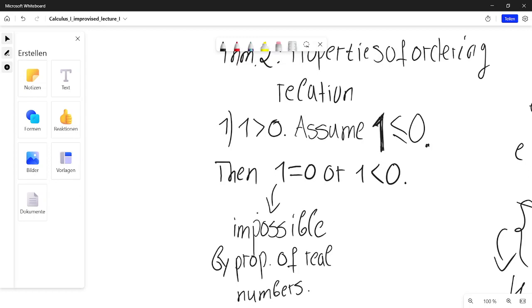Alright. Let me check it in my mind another time that it really works, that we can exclude that by properties of real numbers that we have stated.